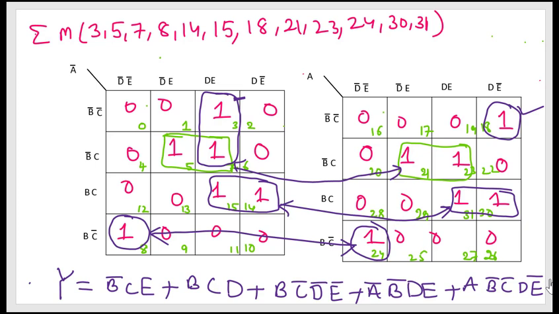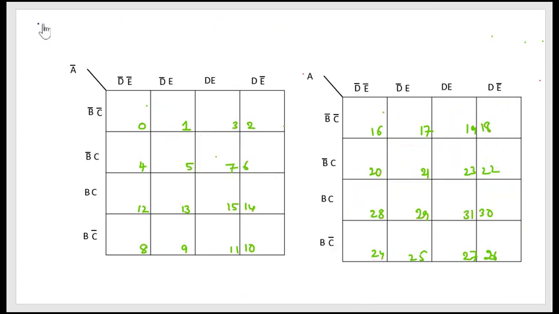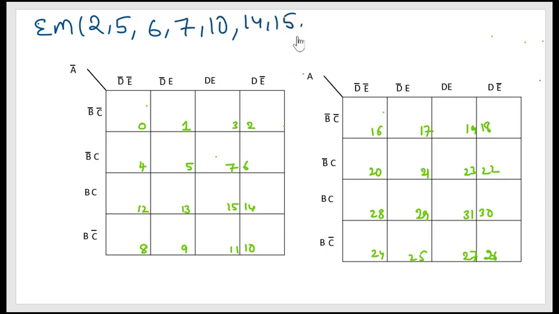Let's take one more example. Sigma m 2, 5, 6, 7, 10, 14, 15, 18, 21, 23, 18, 22, 23, 26 and 30. First we'll fill the minterms.